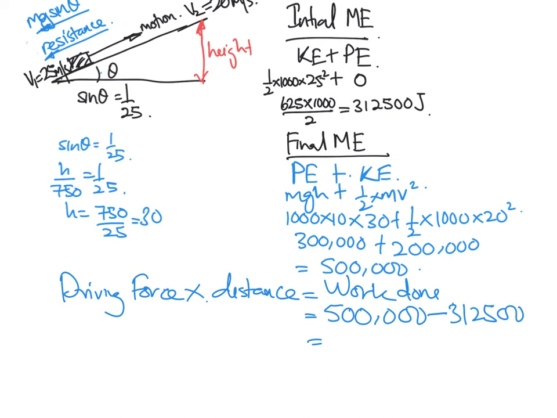So we have 187,500, and driving force DF equals 187,500 divided by the distance, which is 750.